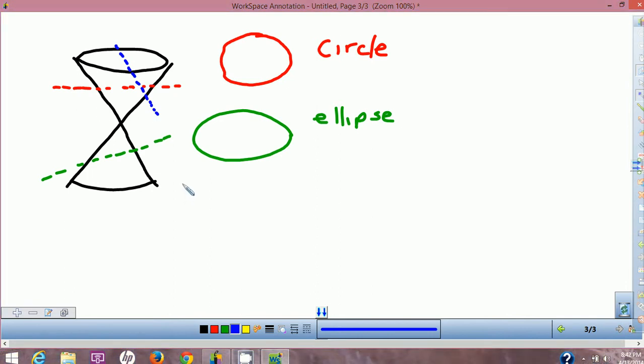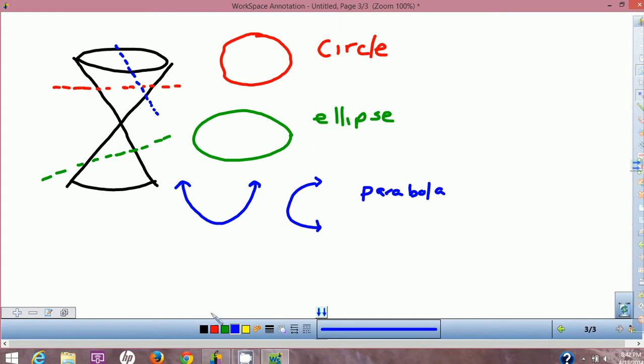Depending on which direction my cones are turned, I could end up with something that looks like this, or it could be upside down, or it could be sideways like this. We've dealt with these when we've dealt with quadratics. That's a parabola. As a general rule, we deal with parabolas that open up or down, but in this section, we'll start looking at a few of them that open left and right.